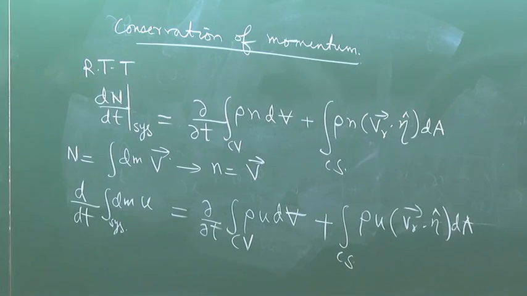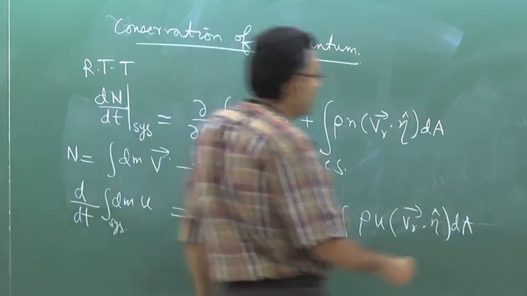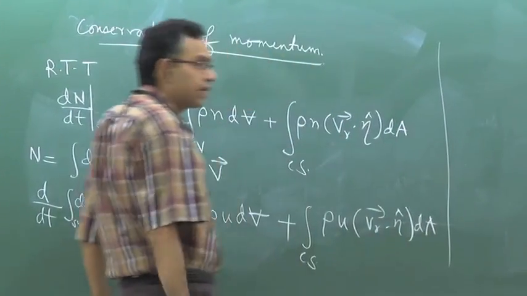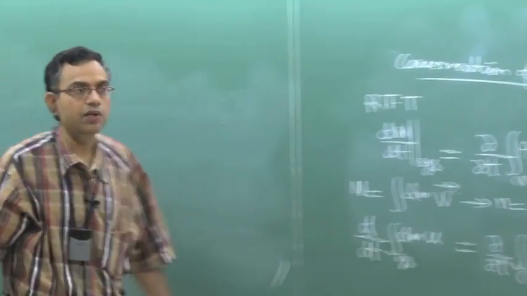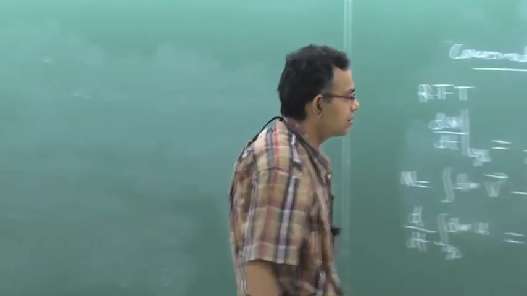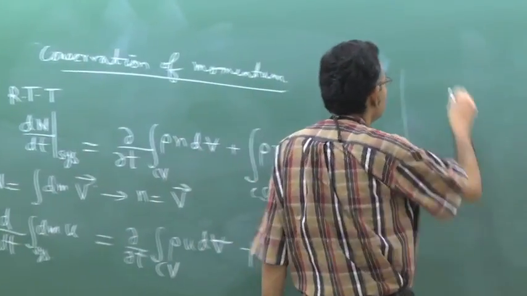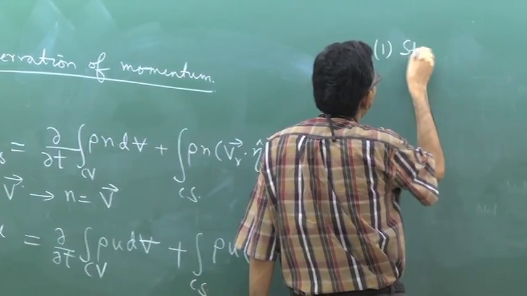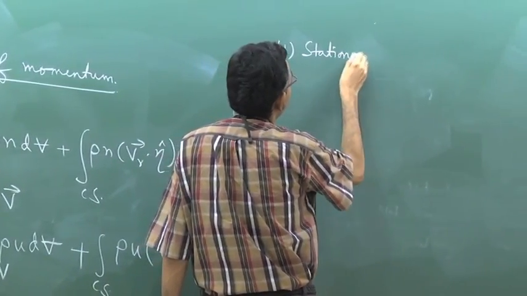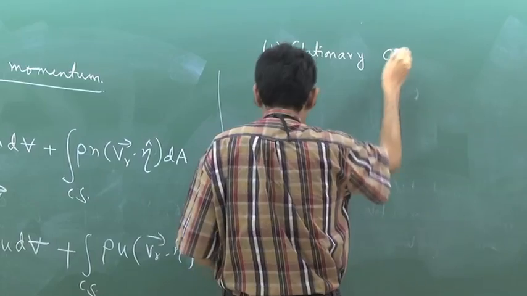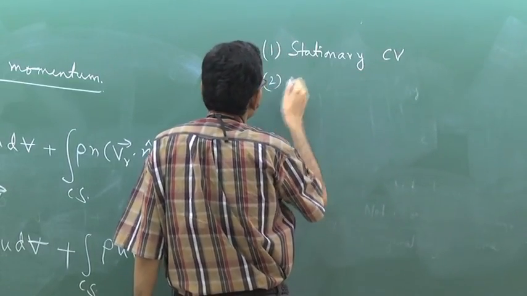Now we will make the two important assumptions that we made for working out the details of the continuity equation: a stationary control volume and a non-deformable control volume.